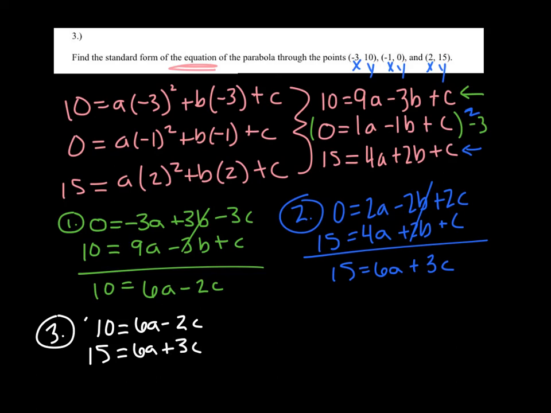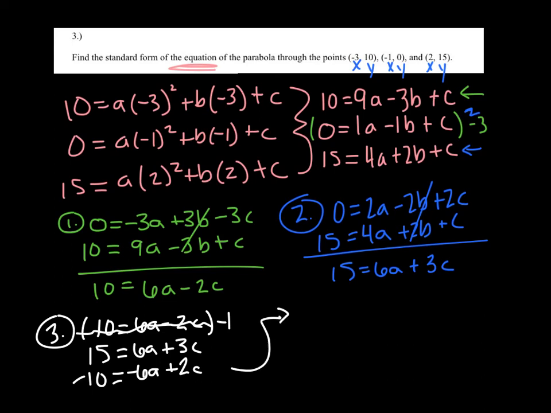This one's really easy. All I'm going to do is multiply that first equation by a negative. So that will make this -10 equals -6a plus 2c, and that one is now gone.